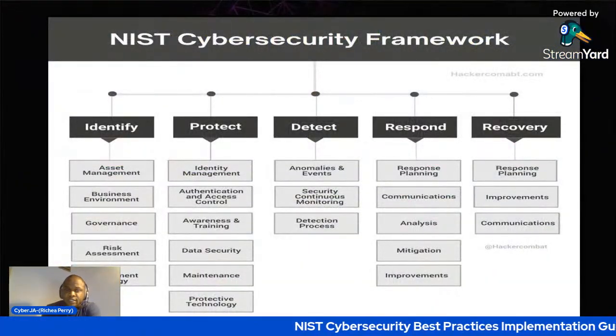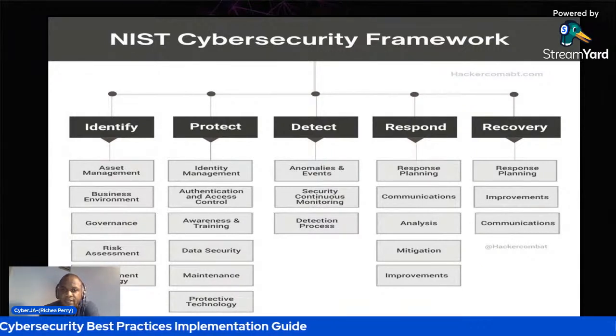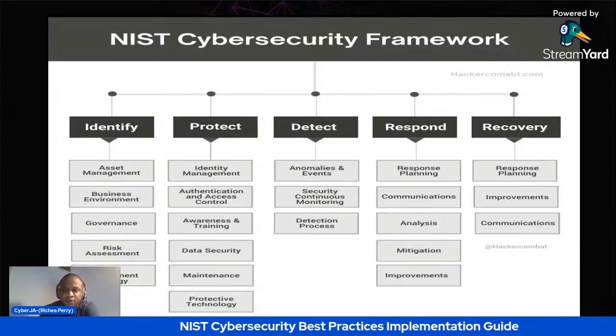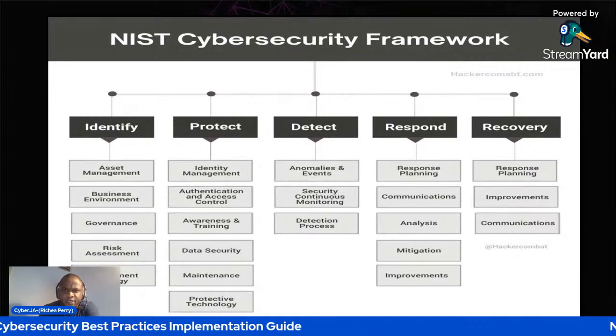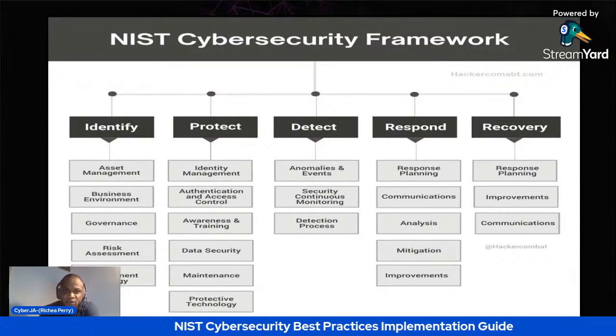And first of all, this is what the NIST cybersecurity framework looks like in terms of its structure. And it has 5 elements: identify, protect, detect, respond, and recover. And in the identify phase, you look at asset management, business environment, governance, risk assessment, and risk management strategy.